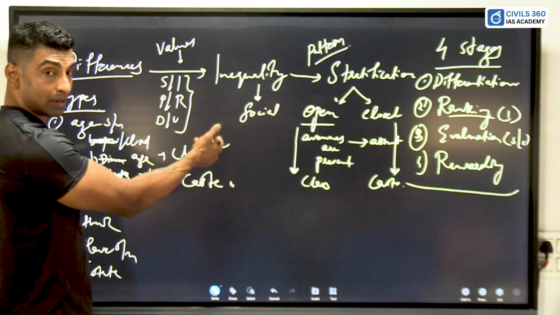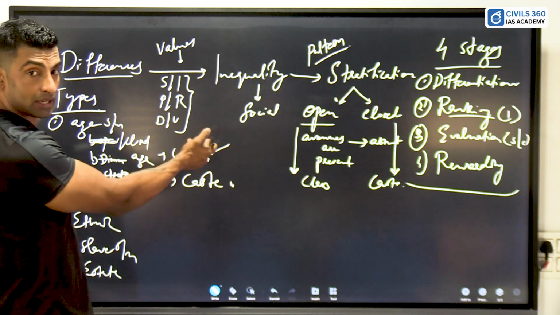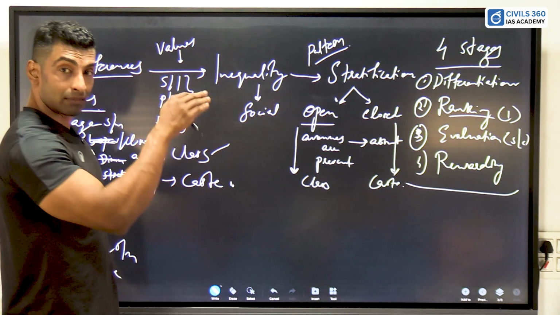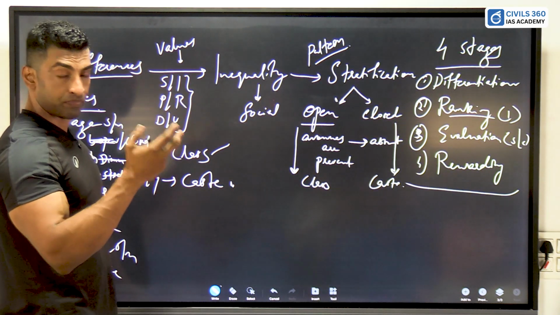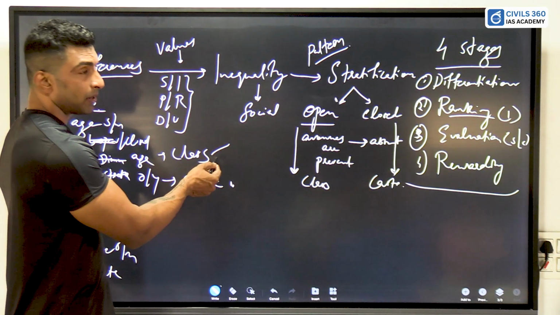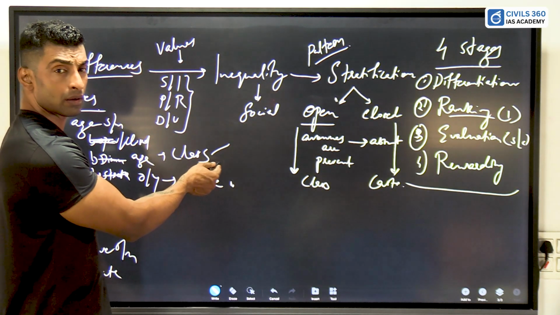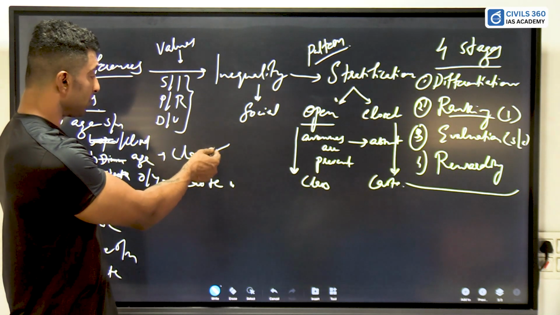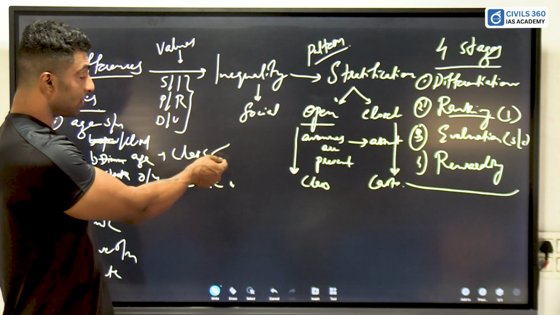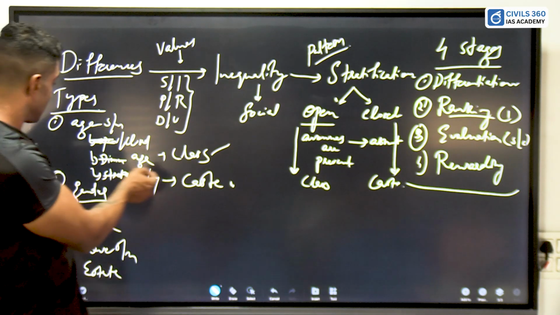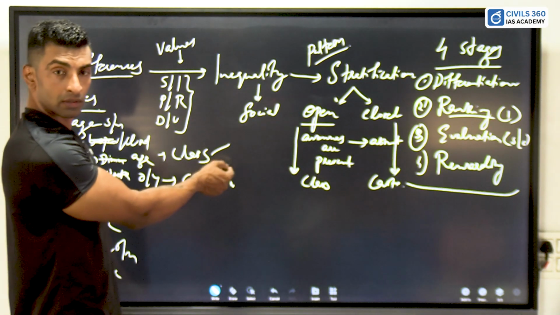Dimension: income, occupation, education. Strata are upper class, middle class, lower class. Okay. Income, occupation, dimension and strata and open or closed?